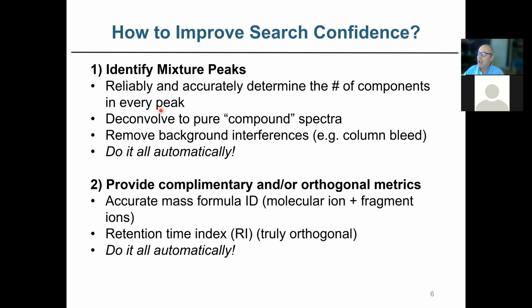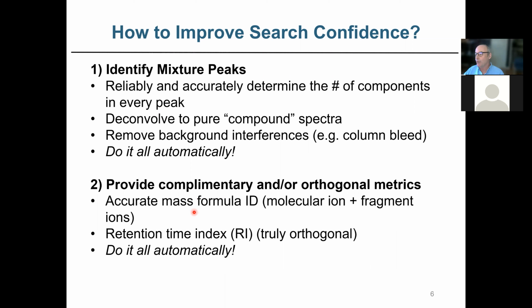The other thing is there are not a lot of parameters to set. If you've ever used deconvolution software, you might have found you have to tweak a bunch of stuff to get it to do the right thing. This pretty much eliminates most of that. Okay, so that's the mixture peak part.